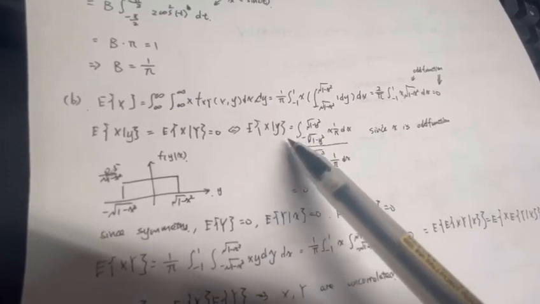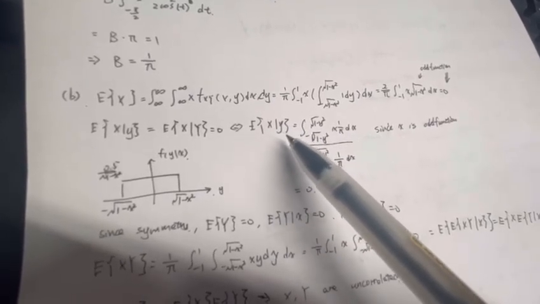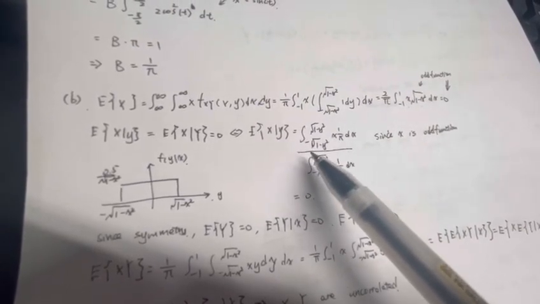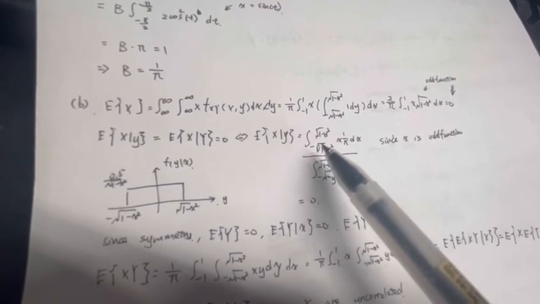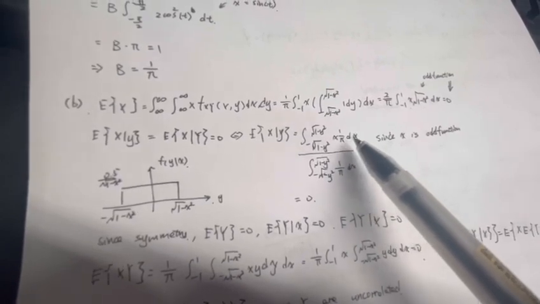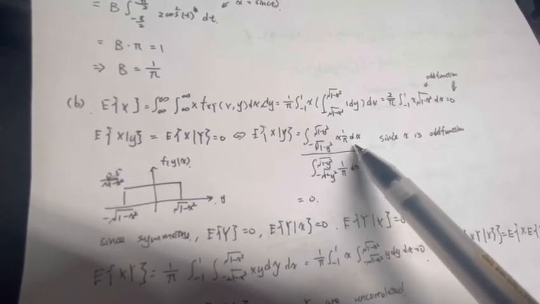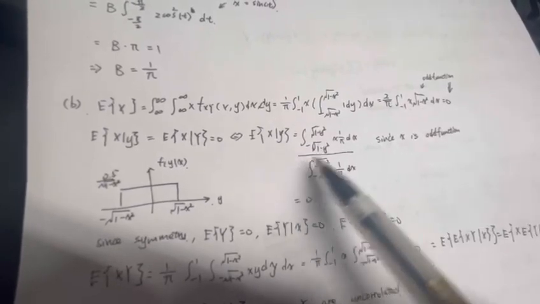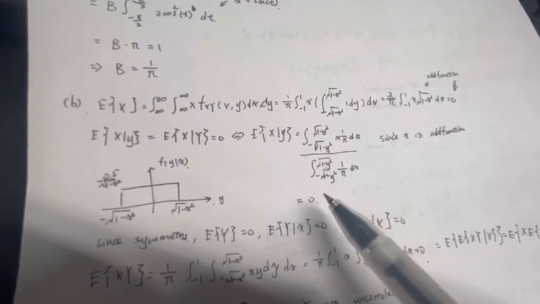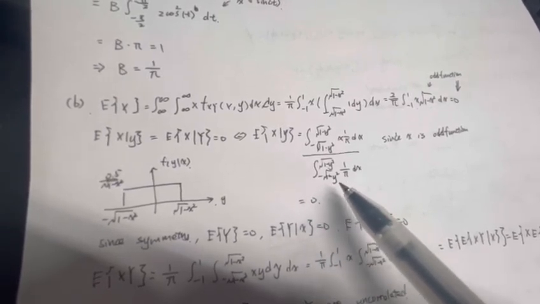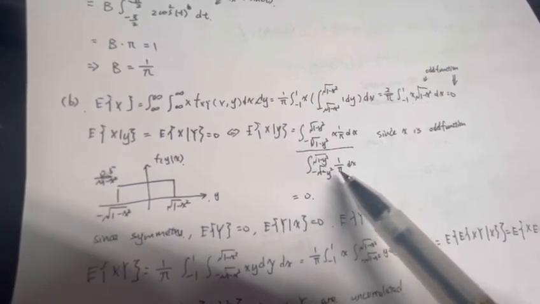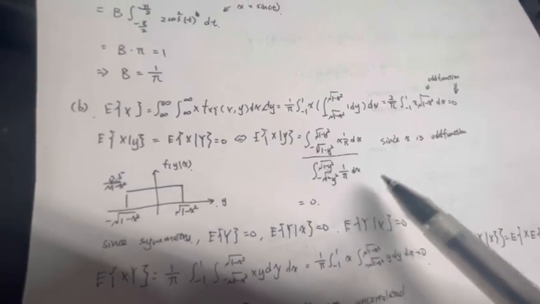I can prove it here. E[X given little y] equals the integral from negative square root of 1 minus y squared to square root of 1 minus y squared of x times 1 divided by pi dx, and the whole thing is divided by the integral from negative square root of 1 minus y squared to square root of 1 minus y squared of 1 divided by pi dx.